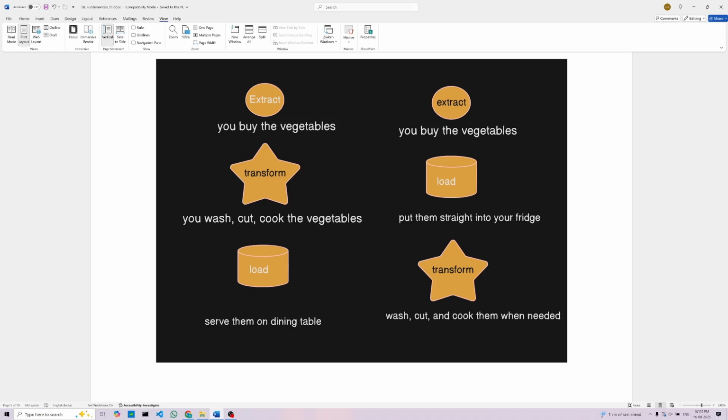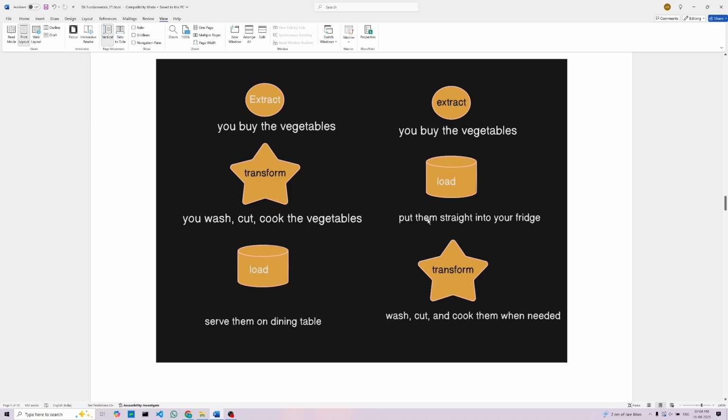So first, if you want to cook right now, you will buy the vegetables, which is extract. You will wash the vegetables, cut them, then cook, which is transform, and then you will directly serve them on the dining table and eat, which is load. You do this because you want to cook right now.